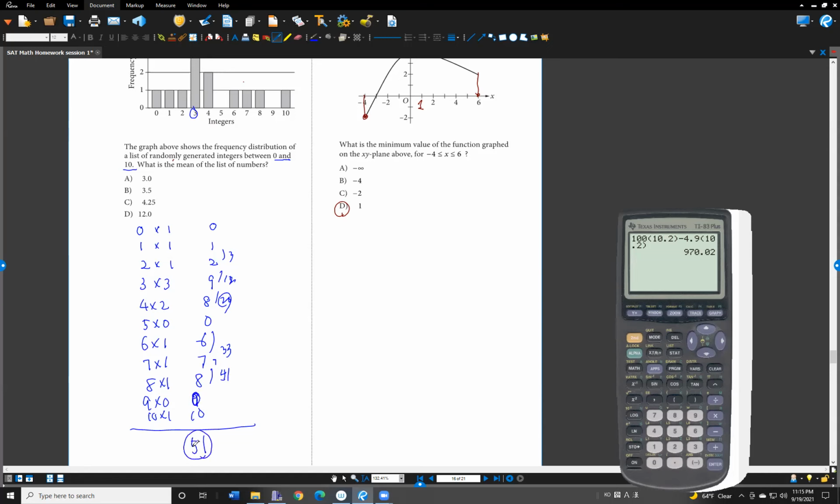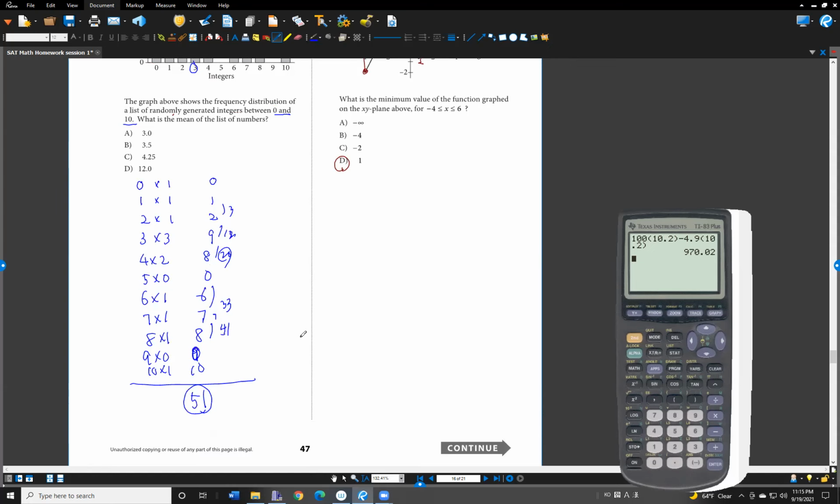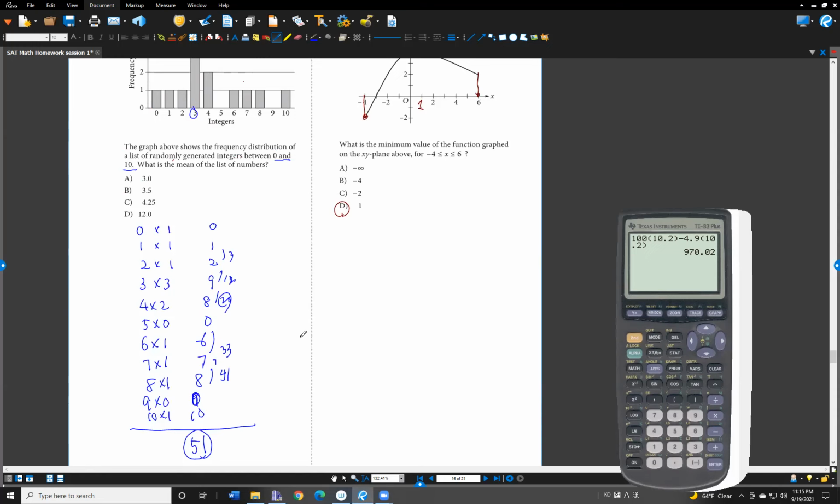That's correct. How many integers are there? One, 2, 3, 4, 5, 6, 7, 8.